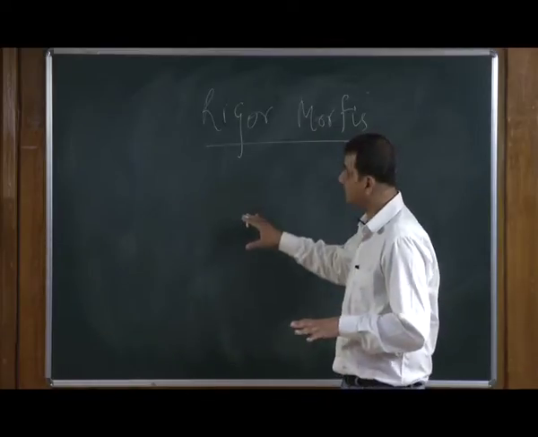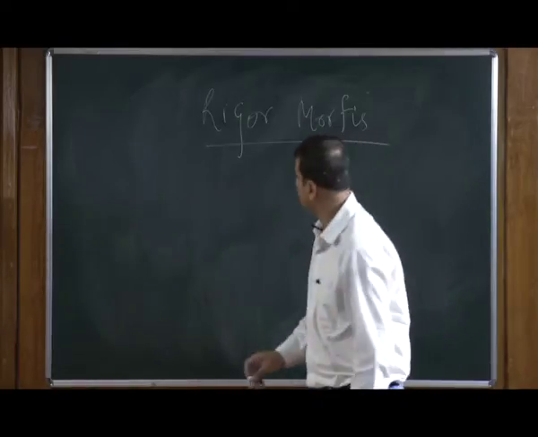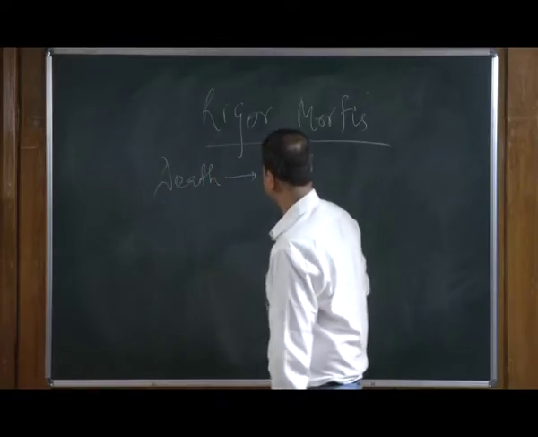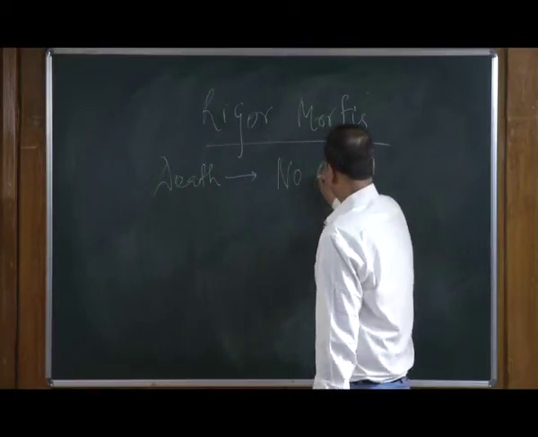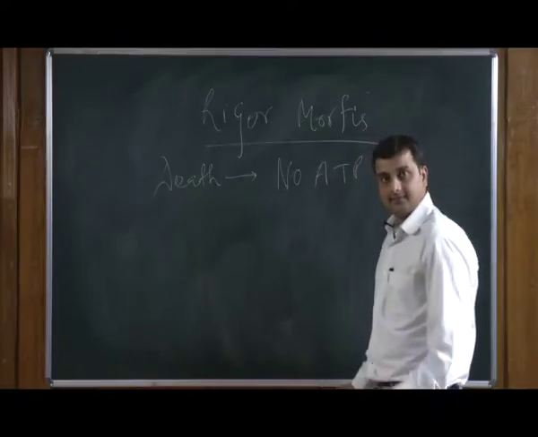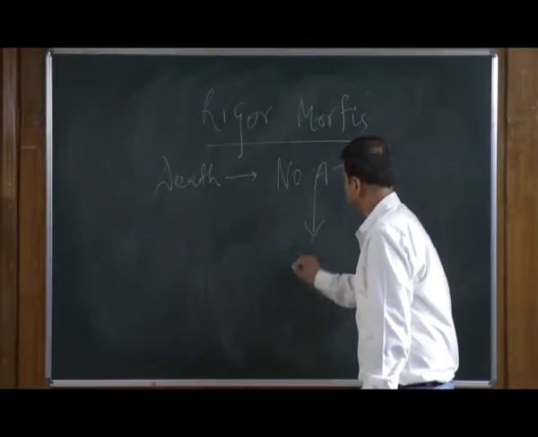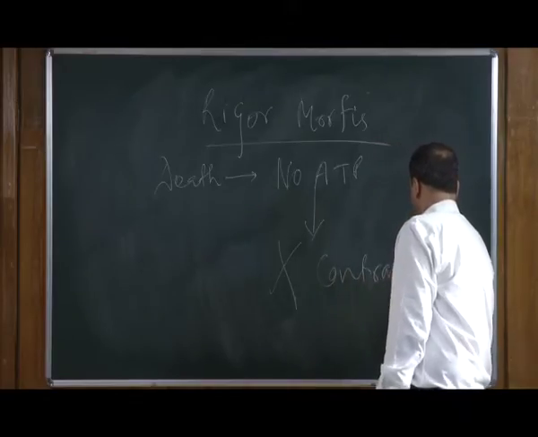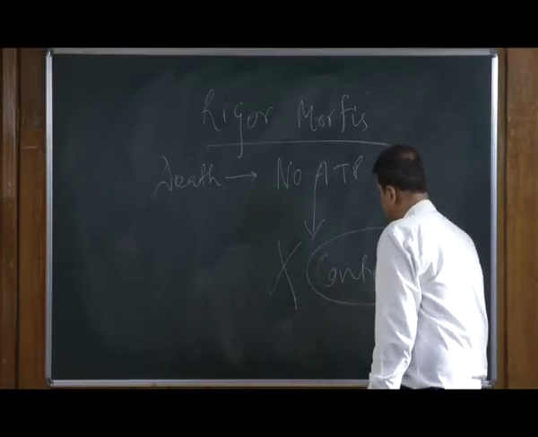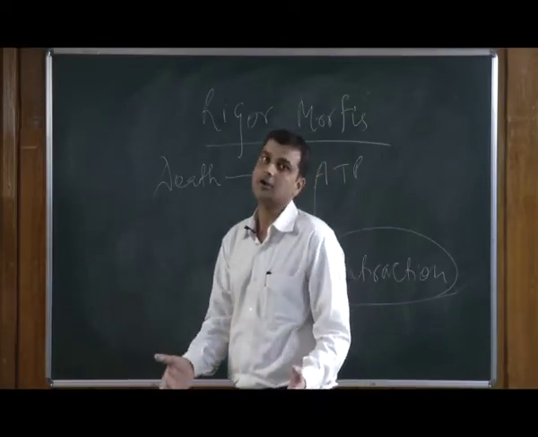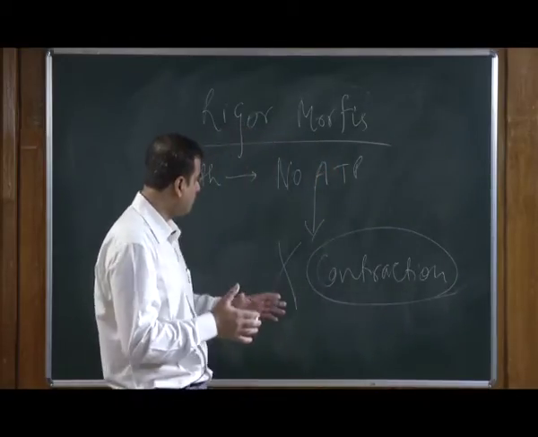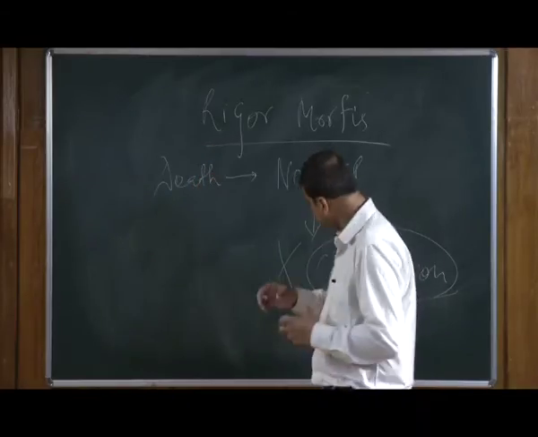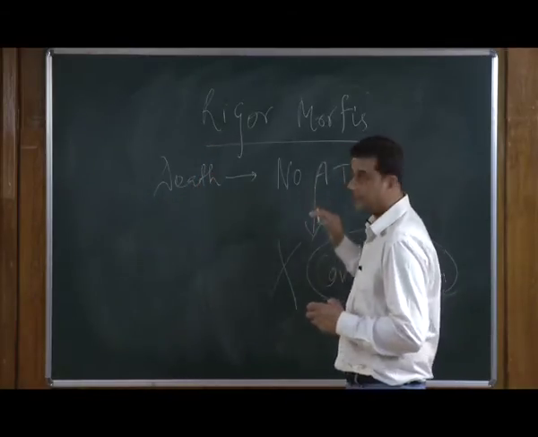Because there is no ATP available, there is no contraction in the muscle. So the muscle mass is not at all contracting. Because of no contraction, the whole body is getting stiff, and this stiffness is coming because of no ATP.